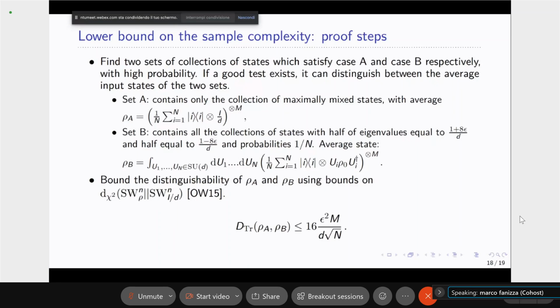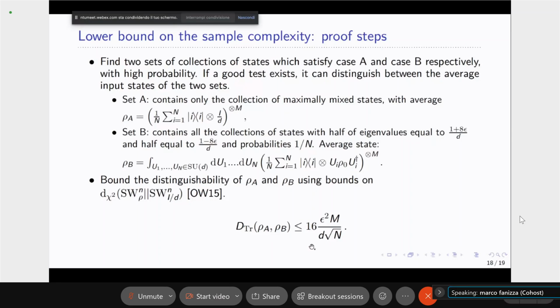Then we just need to bound the distinguishability of rho A and rho B. And this can be done since both states can be written in terms of the Schur-Weil distribution of the maximally mixed state and of rho 0. And so we can use bounds on the chi-square divergence of Schur-Weil distribution obtained in this paper.